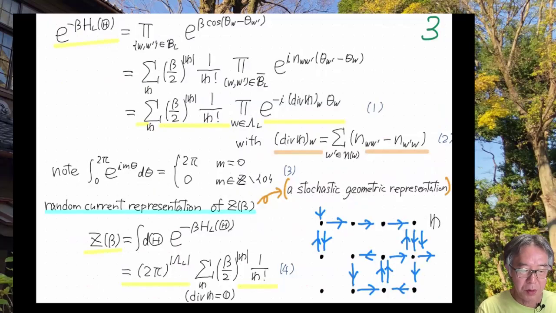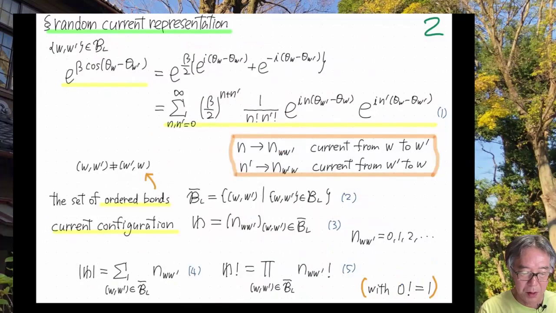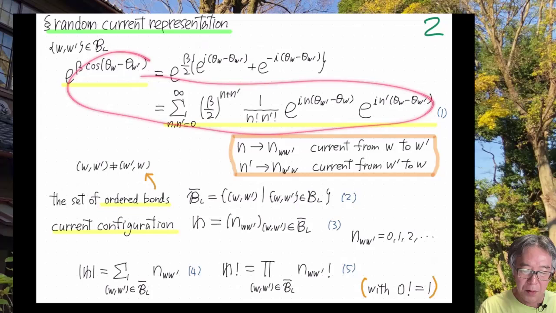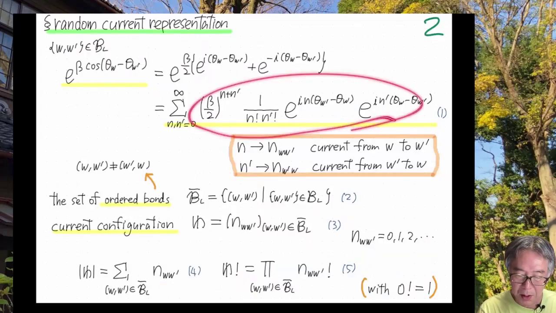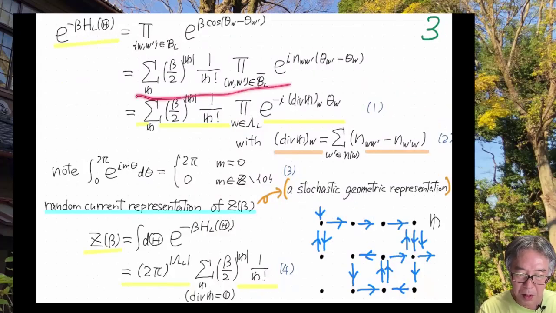But why did I do this? Well, the notation is convenient because this is our Boltzmann factor, which is written like this. And then you can do the same thing. You can do this expansion for each bond to obtain this expression. This is just a straightforward rewriting of this thing for each bond, and you get this.